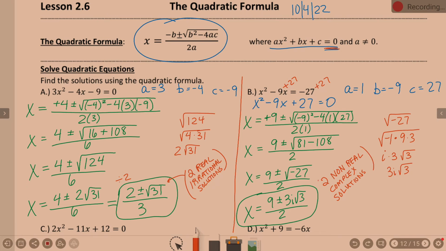And again, this time it's because of the i. When we talk complex, complex numbers are in the form a plus bi. Just as a review, when we talk complex, they're numbers that are in the form a plus bi.